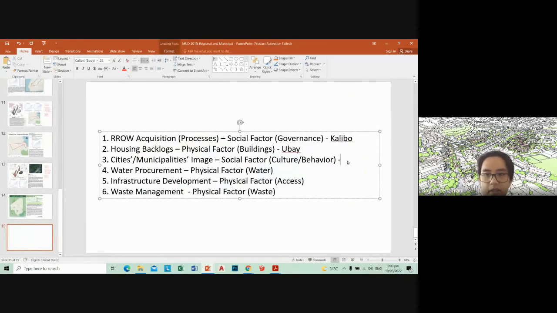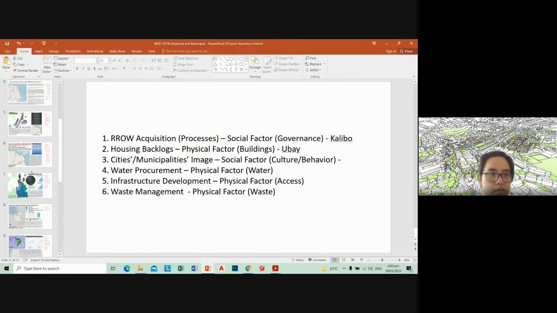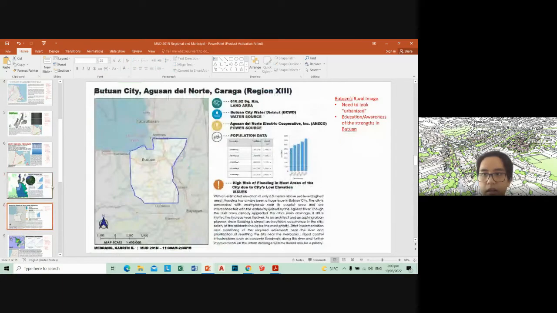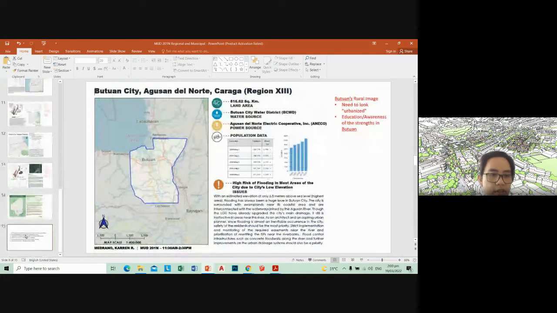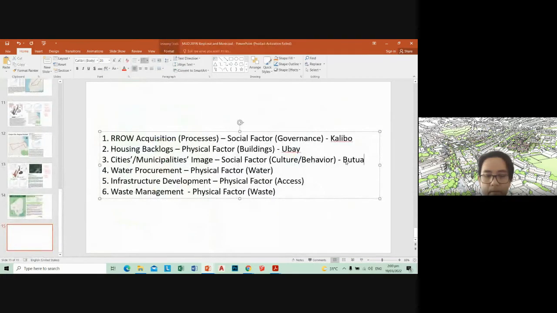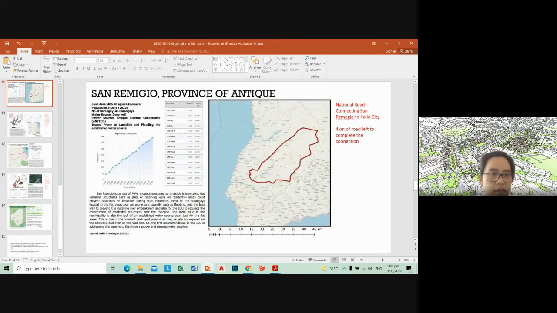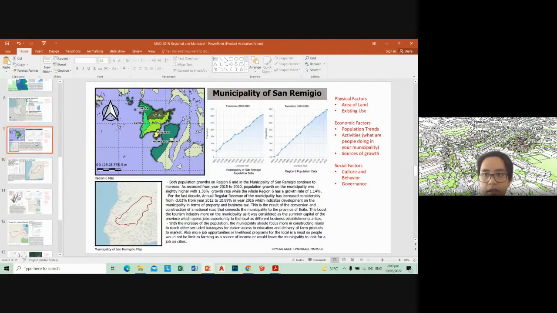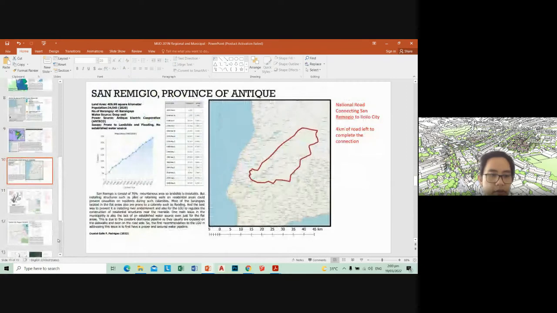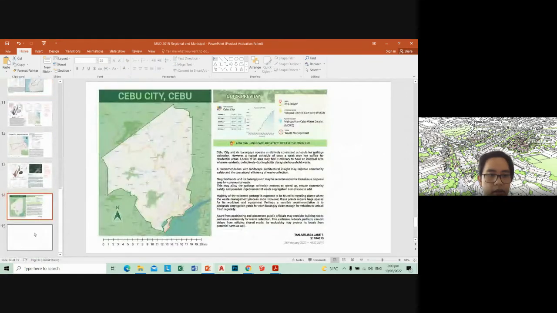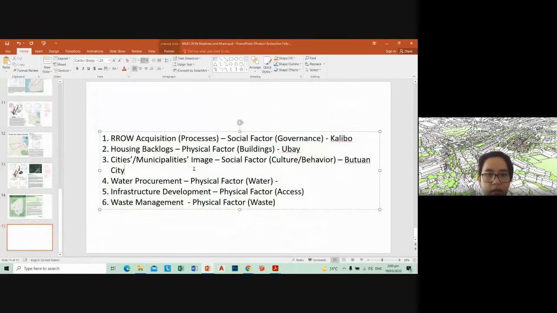And this is Butuan City. In San Remigio.